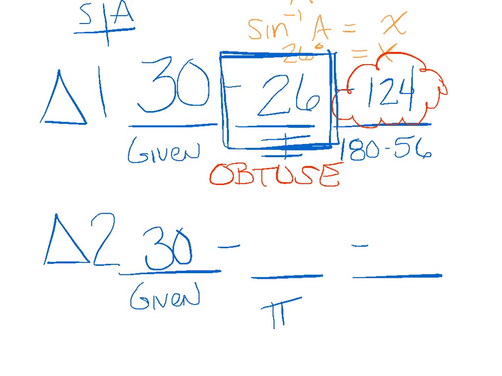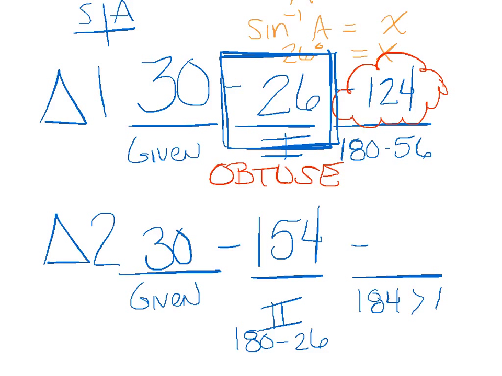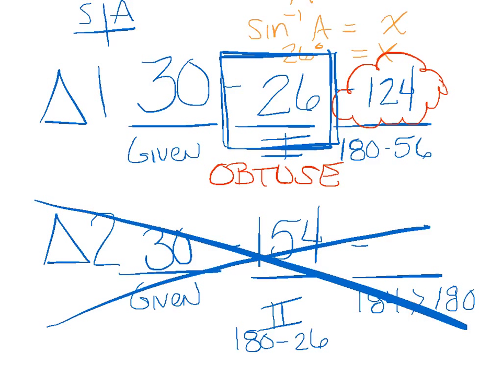You need to get an answer in the second quadrant. So all you do is 180 minus 26. I get 154. Is it possible to make this triangle? Well, if you add those together, you get 184, which is bigger than 180 degrees. So it's not possible. So I can only create one triangle with one obtuse angle.